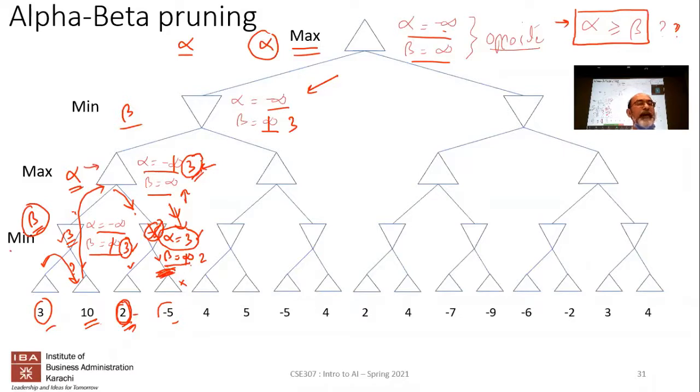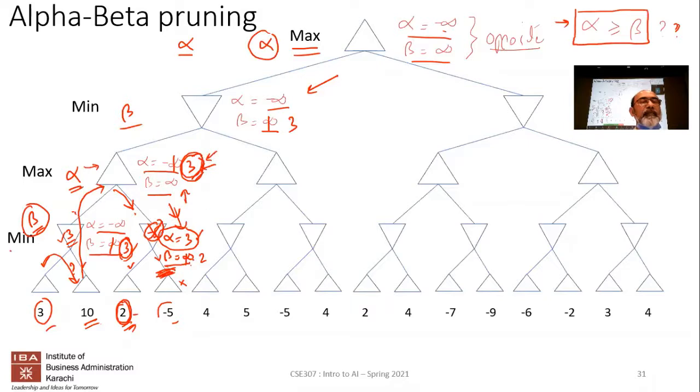So over here we updated the alpha value to be the beta values, which were the largest. So the beta value over here was 3, and we didn't use infinity over here, but we used 3.